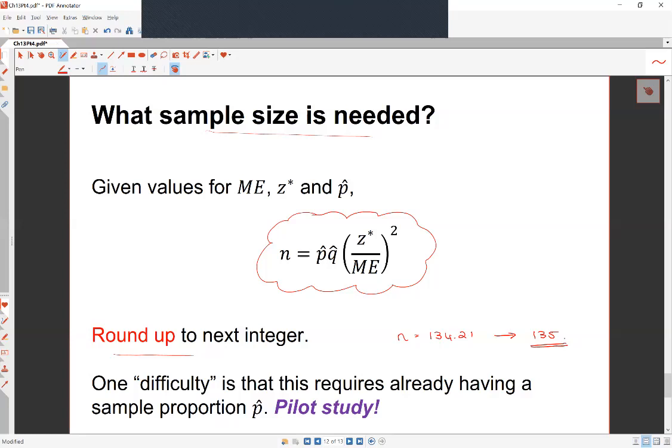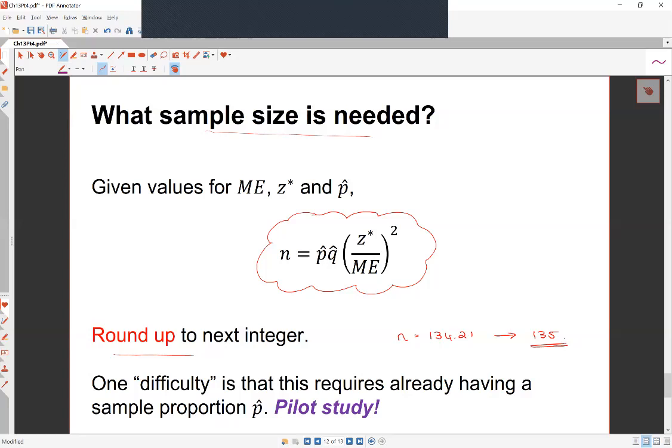Now, the difficulty here is this calculation is to figure out what sample size you need for the purpose of calculating your sample proportion. So it's a little bit circular because it says we need a sample proportion to figure out what sample size we need to calculate a sample proportion. The workaround is, in many instances, people will do a small pilot study. So they anticipate that they're going to have to collect a lot of data.